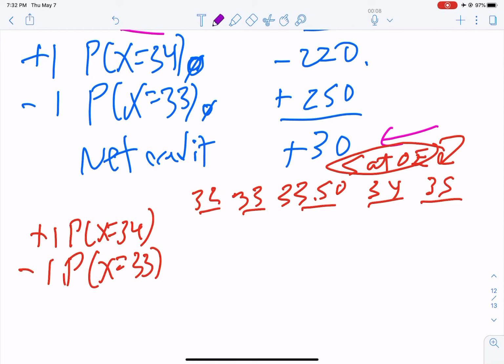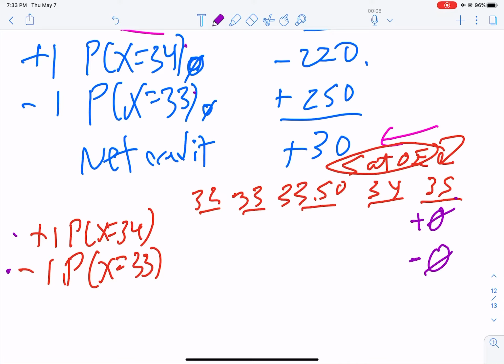If the stock price is 35 at option expiration, the right to sell at 34 and the right to sell at 33 both expire worthless. So 0 and 0. We bought this one to open, so we sell it to close for nothing, and with the 33 strike put, we sold to open, so we buy to close, and it's like we pay nothing.